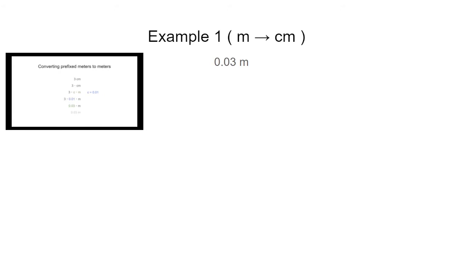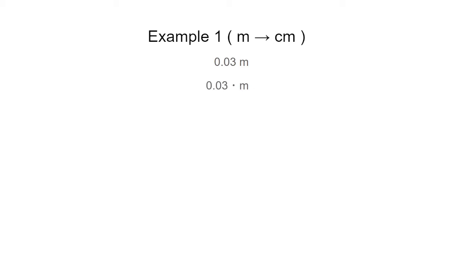So the first example, meters into centimeters. We will try our converted number that we got in the first video to see, are we able to reverse this back into centimeters? We will separate with the multiplication as we did in the first part. Now we will use the first rule, which is that we can write a number as equal to 1 times that number.